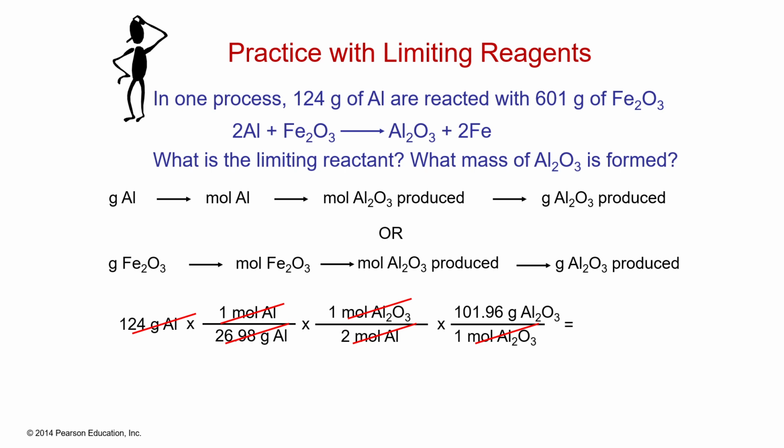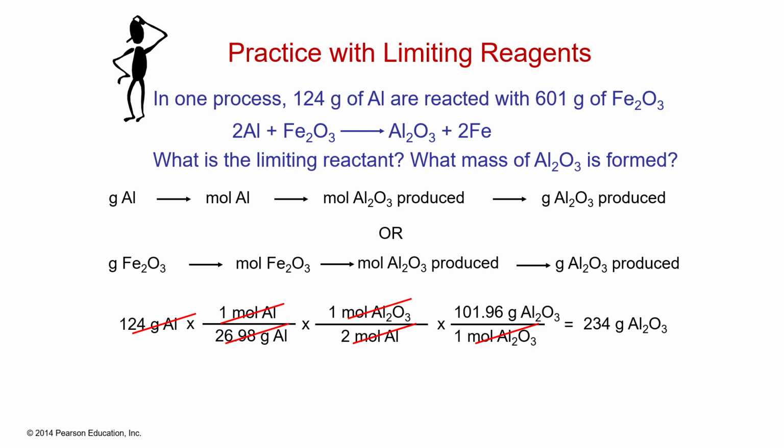Or maybe on the 124, you actually put 1244. Things that happen when you're punching numbers in a calculator, especially if you're feeling a little nervous or something like that. Okay, so the amount is 234. If aluminum is the limiting reactant, we would get a maximum of 234 grams of aluminum oxide.